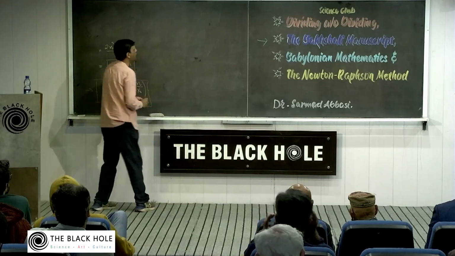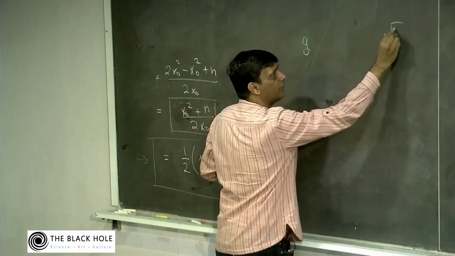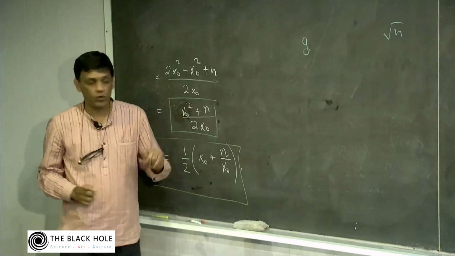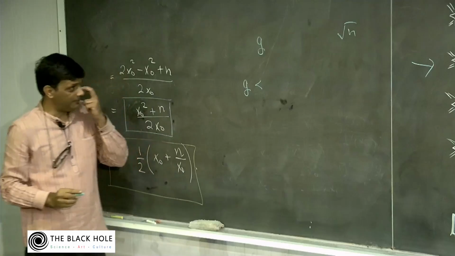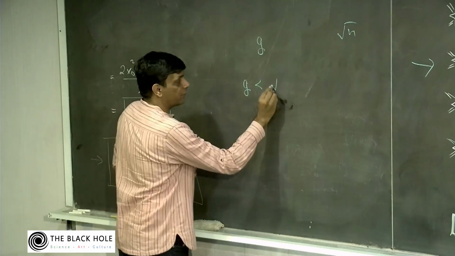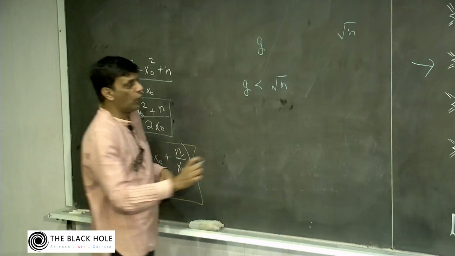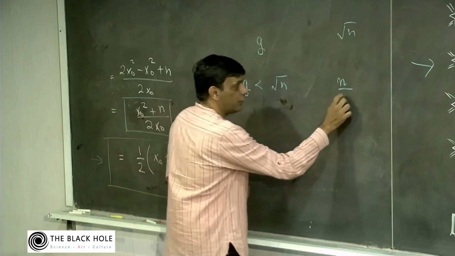Suppose you have a guess, g, and you want to calculate the square root of n. Let's take two cases. Suppose the guess is less than the square root of n. Then what can you tell me about n over your guess?